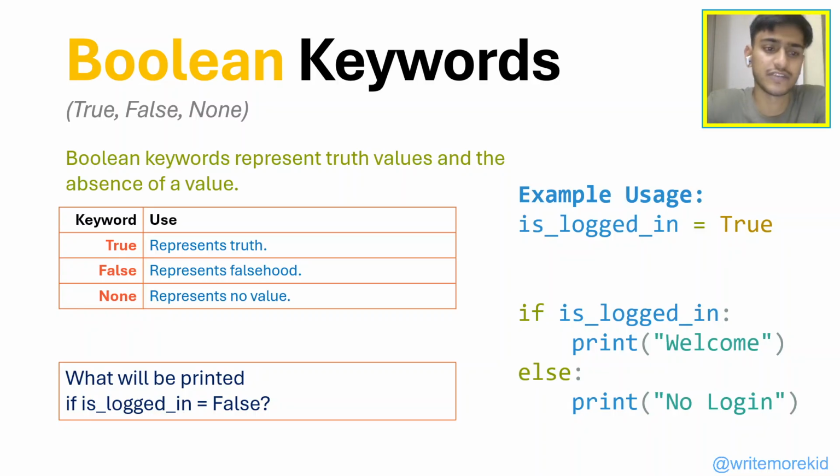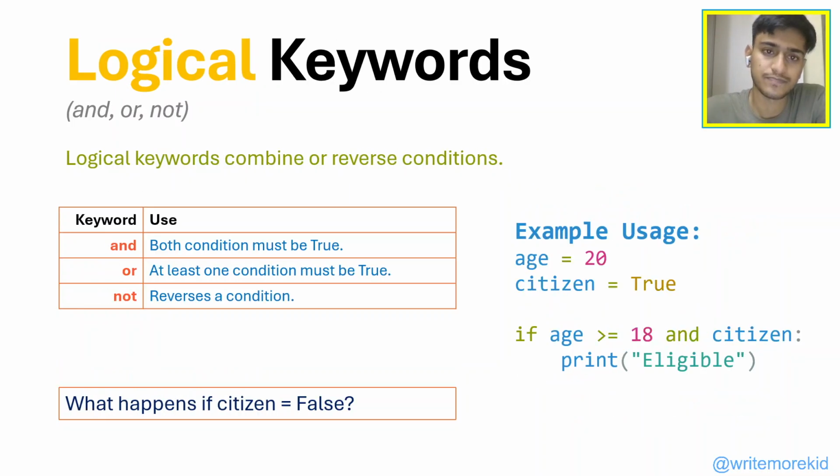Whenever the keyword is none, then it represents no value. That's it. So moving forward to logical keywords, we have and, or, and not. So the use case of and is when both conditions must be true, we use the and keyword, and we use or whenever we need at least one condition to be true, and not just reverses a condition.